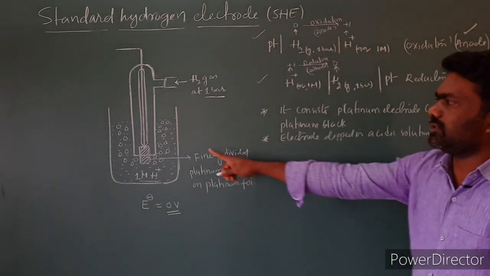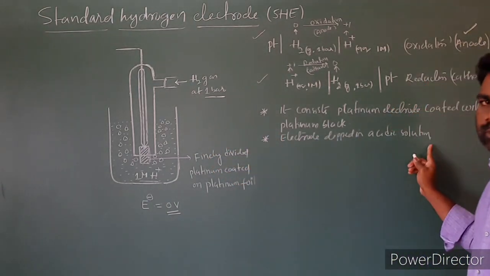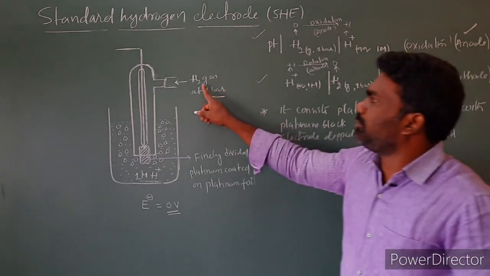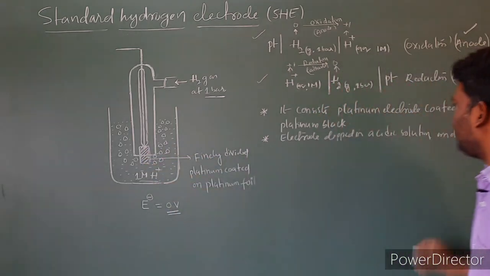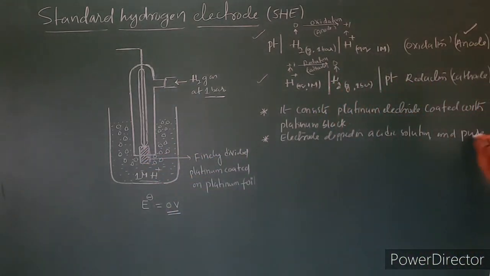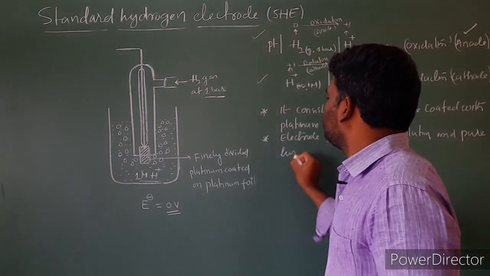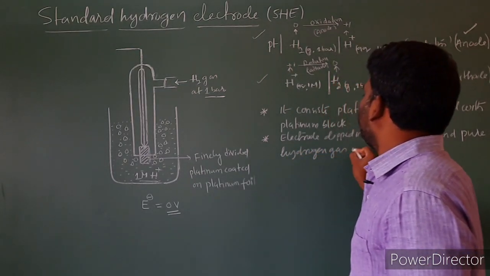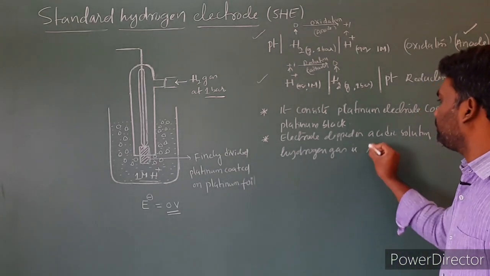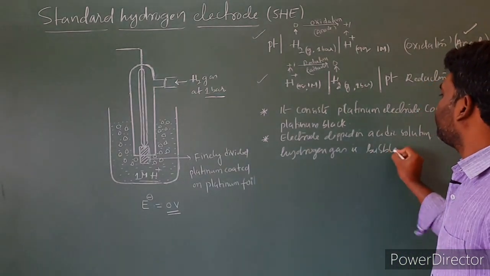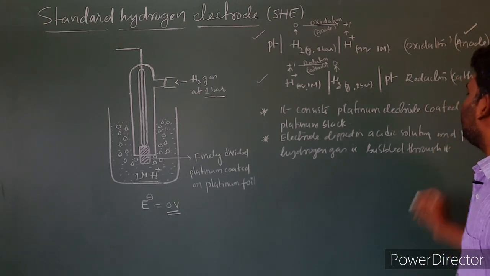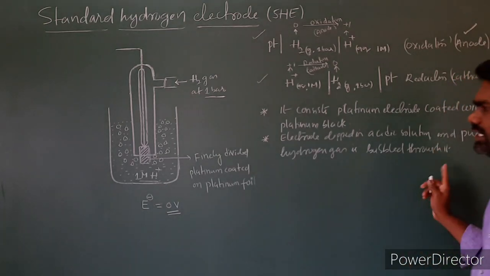That means the hydrogen electrode is dipped in acidic solution, and pure hydrogen gas is bubbled through it.